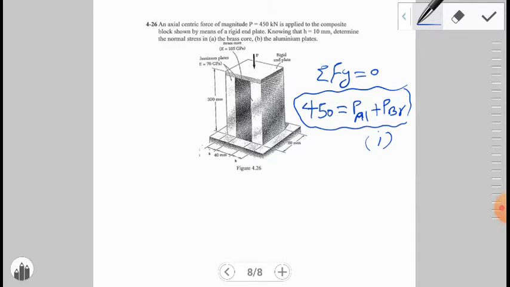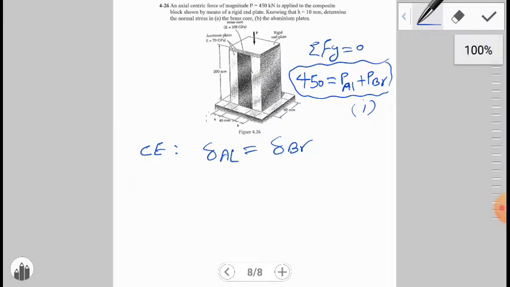Again, using the compatibility equation or concept, we can find equation number 2. We can say that delta aluminium is equal to delta brass. You know that delta is equal to PL over AE.